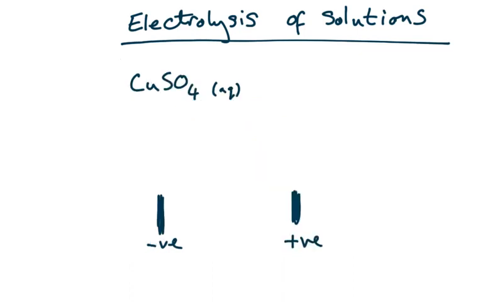So in this example, we're looking at copper sulfate, and again it's an aqueous solution, so we know that that means that we have water. So the ions that we're looking at here, we're looking at our copper positive ion, and we're looking at our hydrogen positive ion.